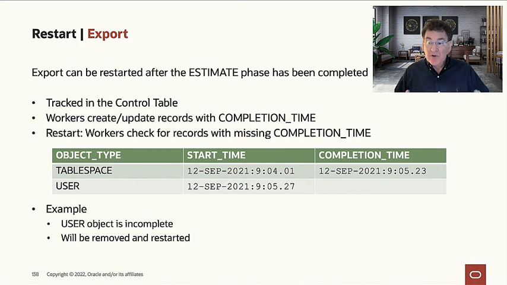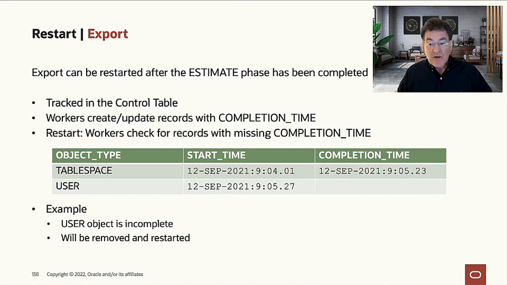Data pump drops all of the rows that describe the users, drops the completion row, removes the XML stored in the dump files that describes the users, and then it configures the metadata API to start after tablespace, since tablespace is the last complete object type.